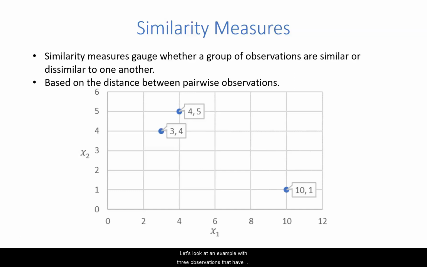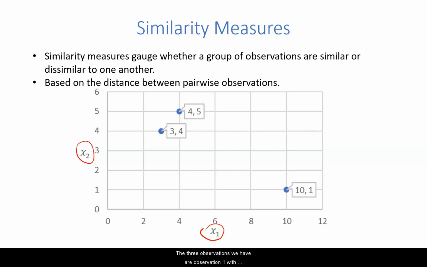Let's look at an example with three observations that have two variables, x1 and x2. The variables x1 and x2 can be any two numeric variables in the business problem. For example, they may be spending and age of a customer, or the cost and the price of a product.